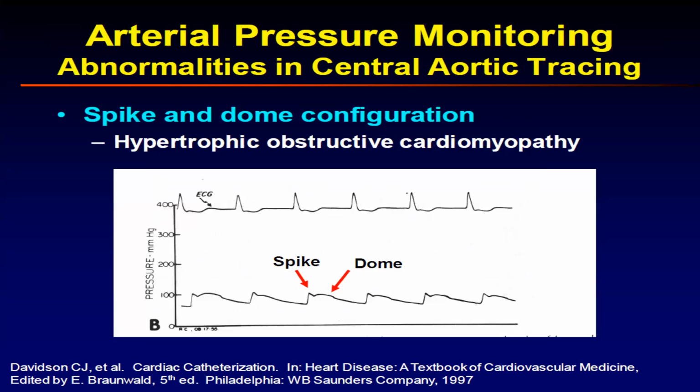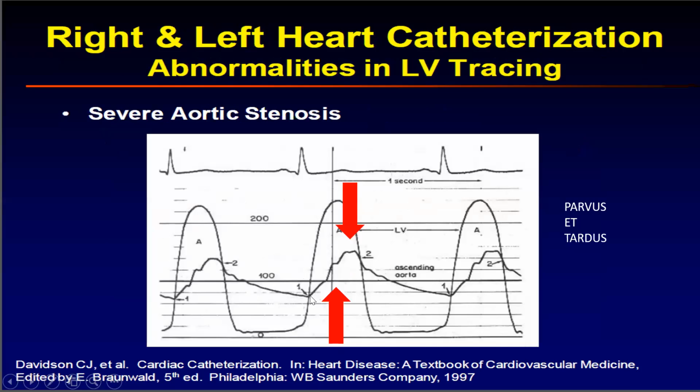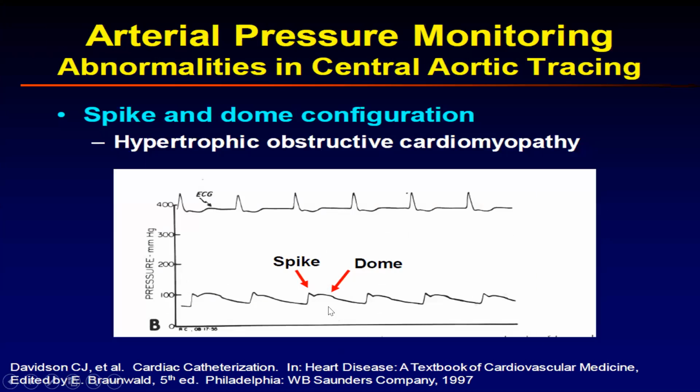And what about this? So this is if you put a catheter inside the aorta in someone with hypertrophic obstructive cardiomyopathy. So you will see some sort of aortic pressure still, and you can see the aortic pressure is like this. It is very, very different from the first one. The first one you have parvus and tardus, but this one you actually have spike and dome.